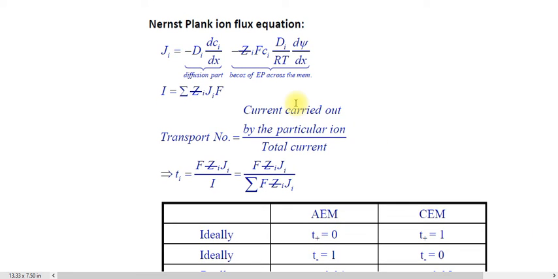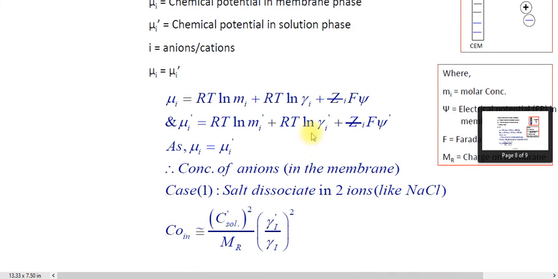Now this is the Nernst-Planck equation, which is used to calculate the flux. This is the diffusion part, which comes from Fick's law, this is the flux due to the concentration difference, and this is the flux due to the electrical potential. So this term will come from this equation.